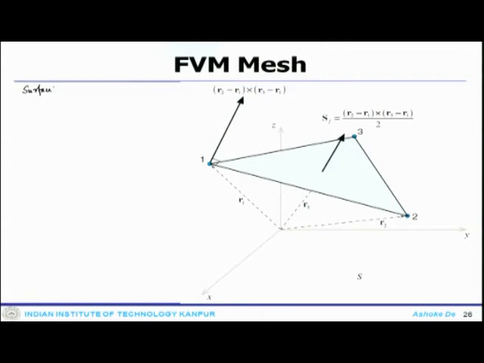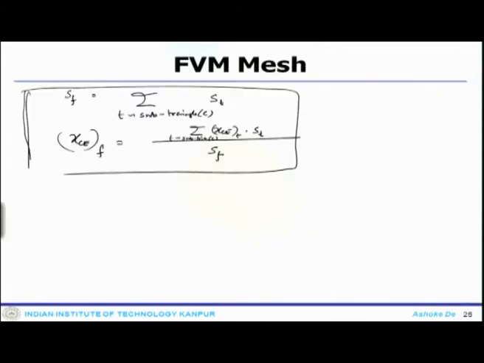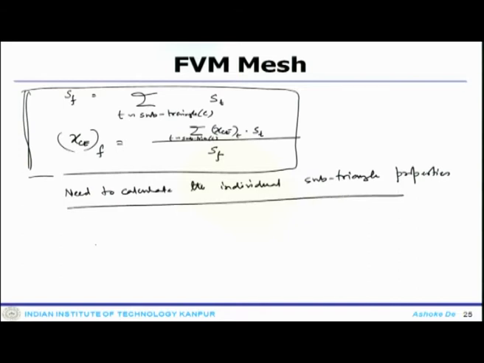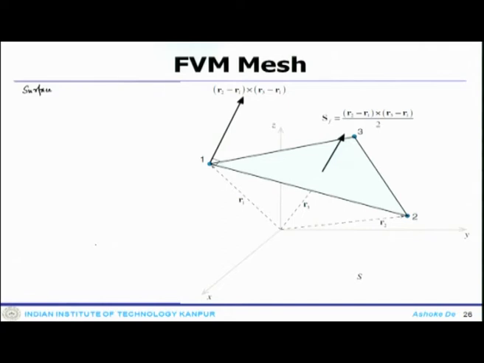The reason being, when you look at the centroid of a polygon, you actually need to calculate the individual sub triangle properties, and then you go over all the triangles, summed over, and then get back the geometric center. So, if you come back to an individual triangle, this is how you define that.